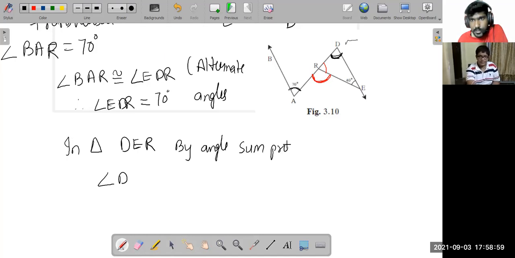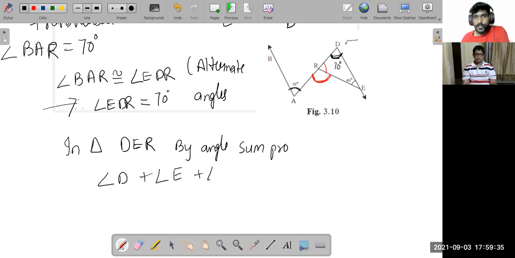Sir, which angle is 70 degrees? Angle A was 70 degrees, and I made angle D 70 degrees through the alternate interior angle test. Then I added 40 and 70. Yes, correct. So angle D, by alternate angles, is 70. Angle E is given as 40 degrees in the question, and angle DER we have to find out.